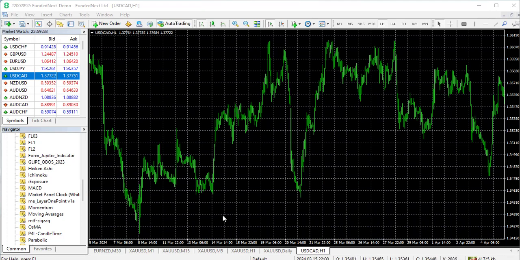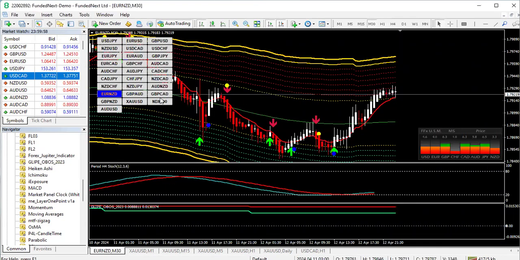Let me go straight to the point. With this strategy, like I said, you can trade multiple pairs, or you can trade just one pair. I was trading multiple pairs, all of these pairs, but it was giving me a real headache monitoring several of them.